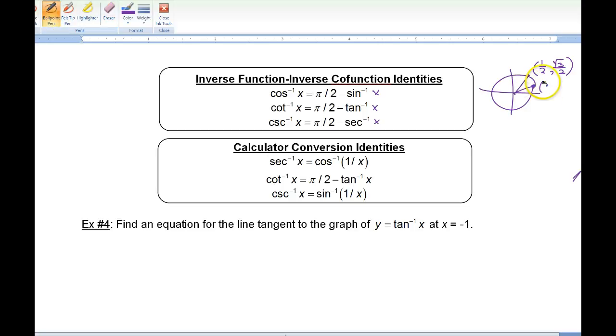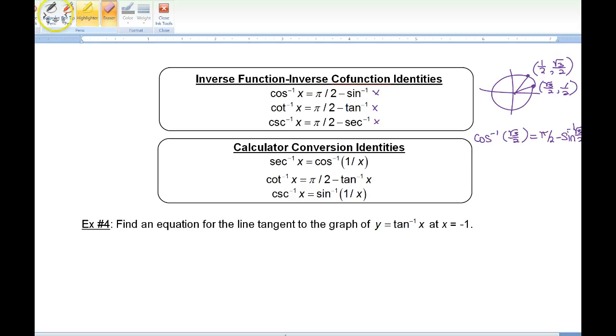Okay, just take an angle for example. Say cosine inverse of root 3 over 2 is going to be the same as pi over 2 minus sine inverse of root 3 over 2.